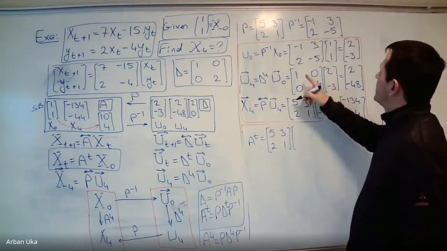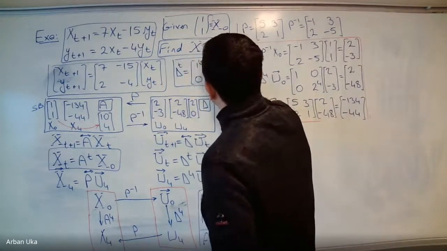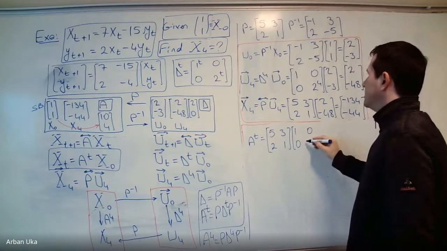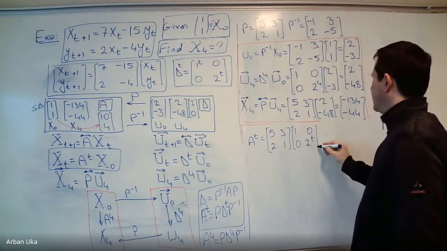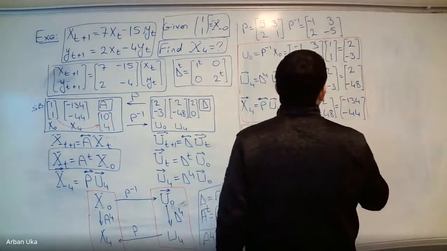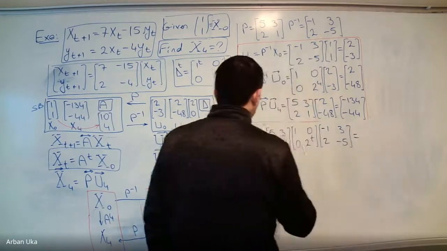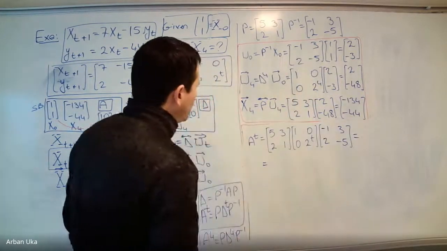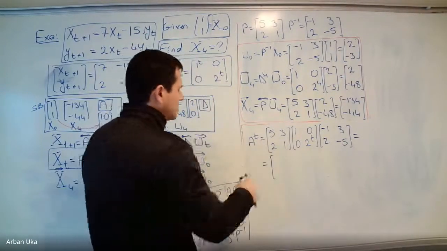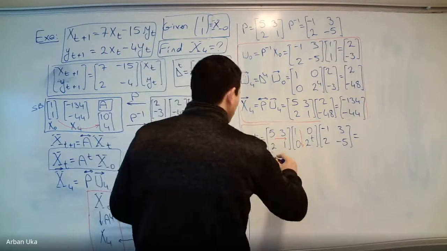What is D to the power t? The diagonal matrix. I can write it here: this is 1 to the power t, 2 to the power t. This is 1, 0, 0, 2 to the power t, times P inverse. P inverse is minus 1, 2, 3, minus 5. And this is equal to... So we multiply the first two: we multiply 5, 3 with 1, 0 and we get 5.